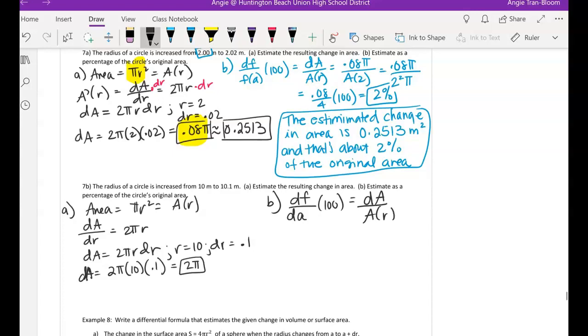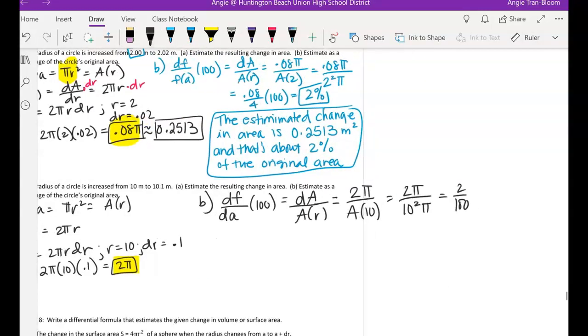Well, dA we already found. It is right there. We can just plug it back in. So that's going to be 2 pi. The area started at 10, so I need to find out what that is. So 2 pi all over pi r squared, so 10 squared times pi. Cancel out the pi, so that's 2 over 100. So I'm going to multiply by 100. Oh, it's 2% again.